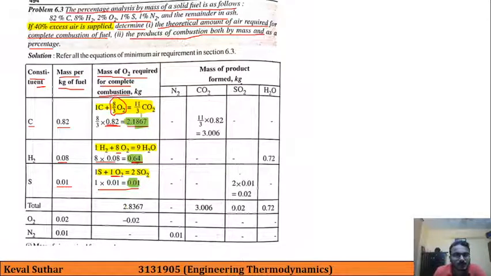Finally, 2.8367 kg is required for combustion of this solid fuel. If you see carefully, we are already provided 2% of O2. So this is the requirement and we already have 2%, because of that a negative sign is put here, because this is already available and not required.